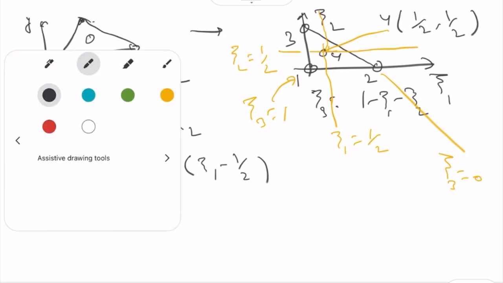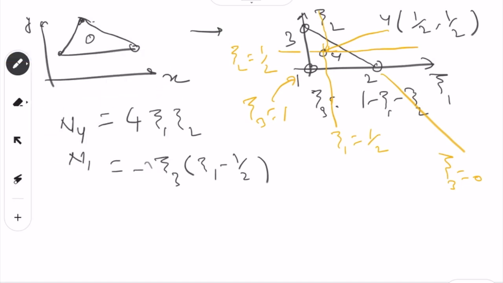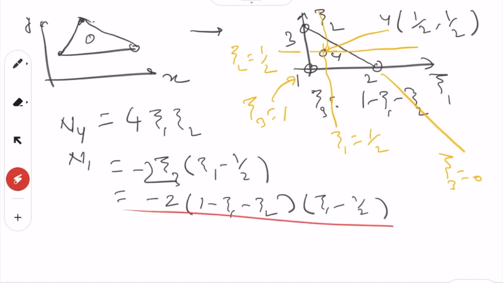So we know that the value will be minus half. So what we see here is xi3 multiplied by this, which will be equal to minus half. Xi3 is 1 minus xi1 minus xi2 multiplied by xi1 minus half. So you get a shape function like this one.